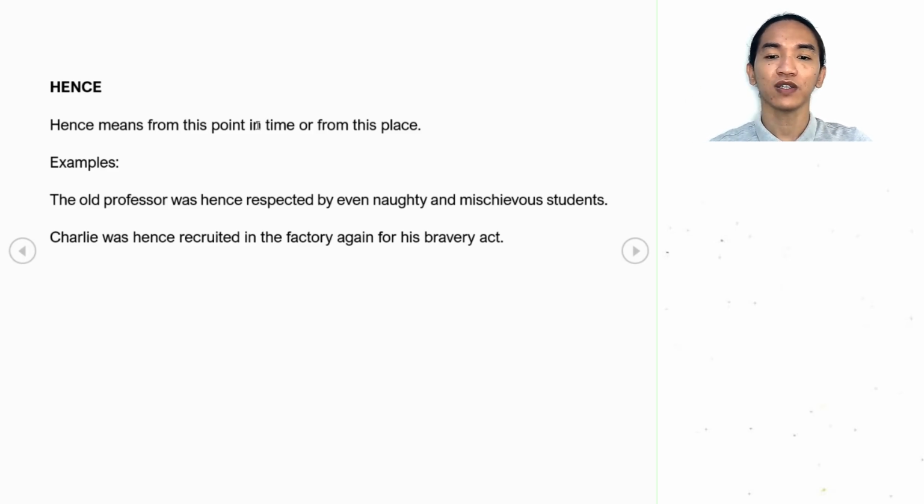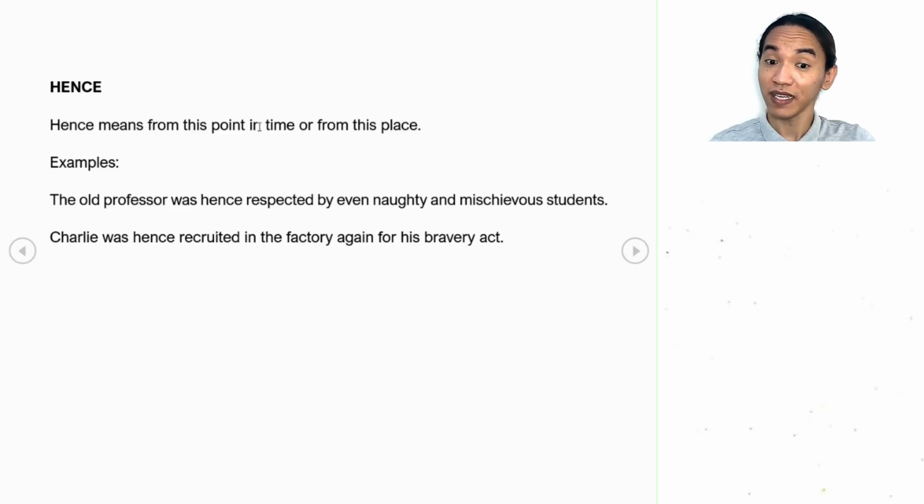The old professor was hence respected by even naughty and mischievous students. Okay, was at this point respected by even naughty and mischievous students. So Charlie was hence recruited in the factory again for his bravery act.